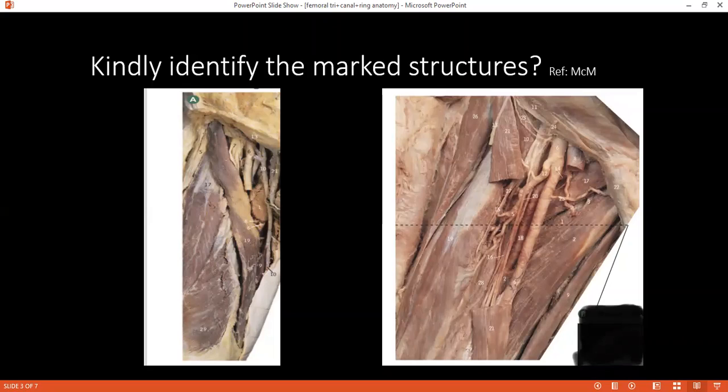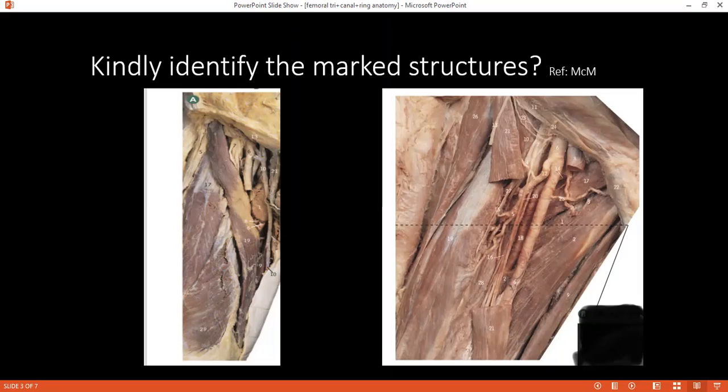Can you tell me if your consultant asks you to take an ABG, how would you exactly locate the femoral vessel and how would you take the ABG? From the surface marking anatomy, the femoral artery is at the mid-inguinal point, from which we can take an arterial blood sample for ABG.